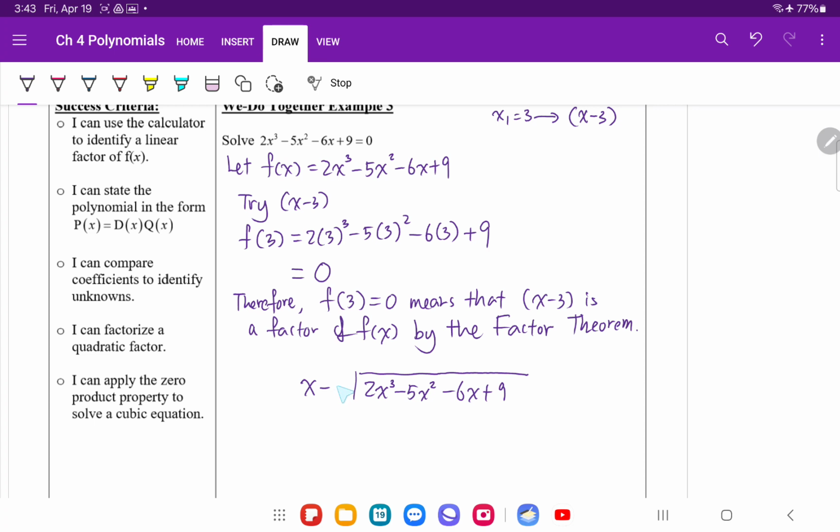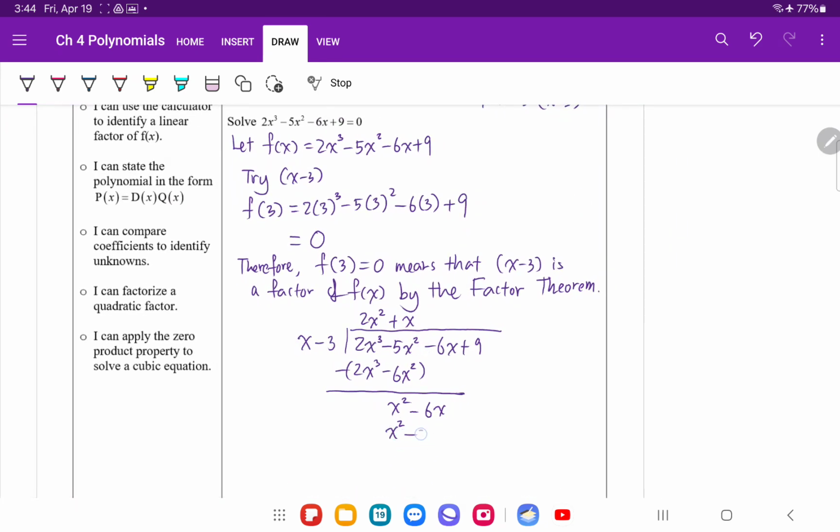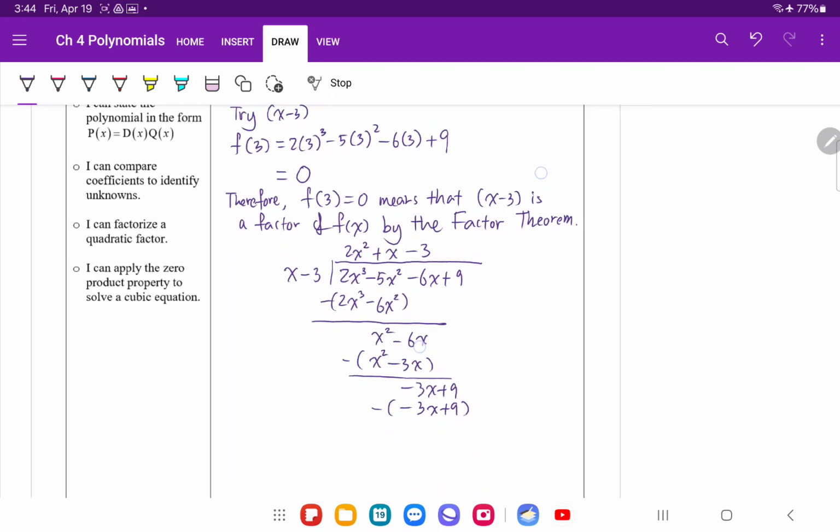Let's do the long division. 2x squared, minus 6x squared bracket minus x squared minus 6x, positive x. And indeed, if you do a subtraction at the end, I have to get a remainder 0. This tells me that I'm on the right track.